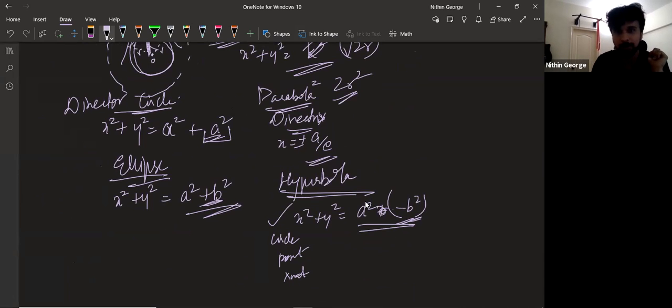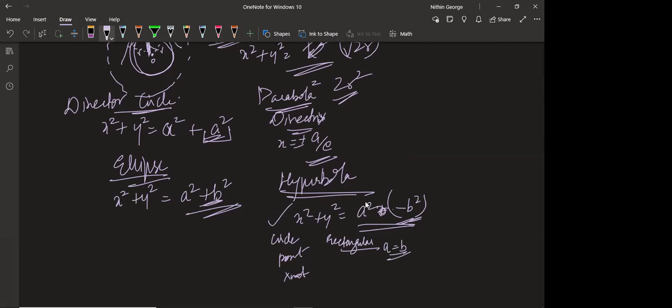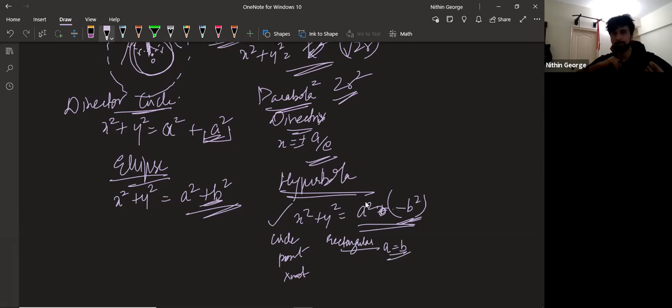Okay. So for a rectangular hyperbola, you guys know what a rectangular hyperbola is? a is equal to b, or the asymptotes are perpendicular. These are all rectangular hyperbolas. Or e is equal to root 2. Whenever you think of all this, you're talking about a rectangular hyperbola. So x square plus y square equal to 0 is what it becomes, since a is equal to b.